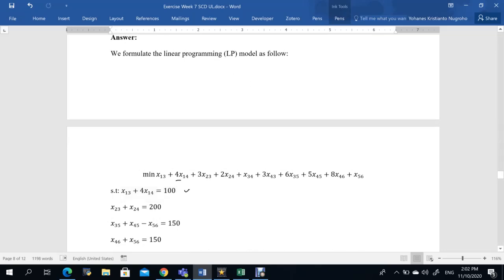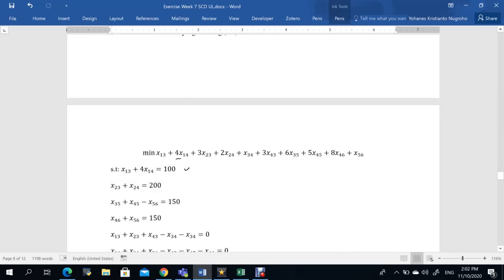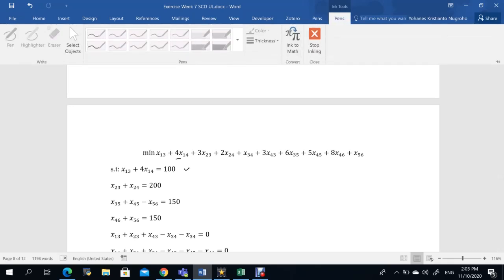x14 equal to 100. x13, transportation from 1 to 3, plus x14, 1 to 4, it is equal to 100. Alright, so here we should not include coefficient 4 here. I have to revise this.